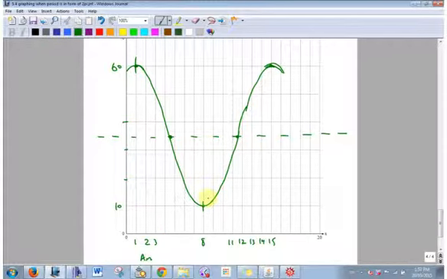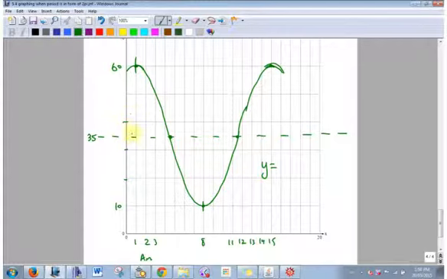Cosine or sine? Yeah, this one's kind of obvious, right? So, what's my displacement? What's my amplitude? 10, 20, 30, halfway between 30 and 40, that's 35.